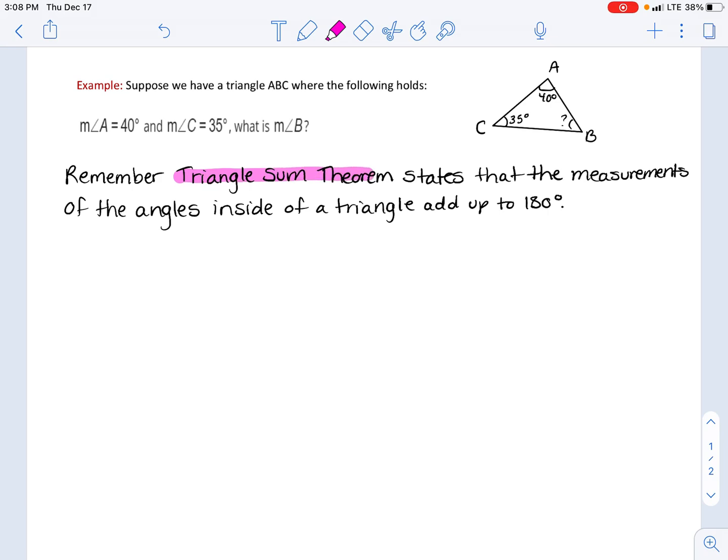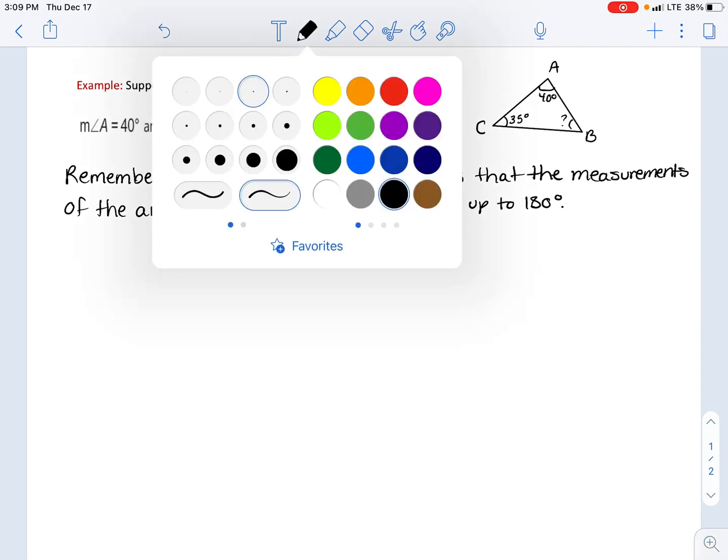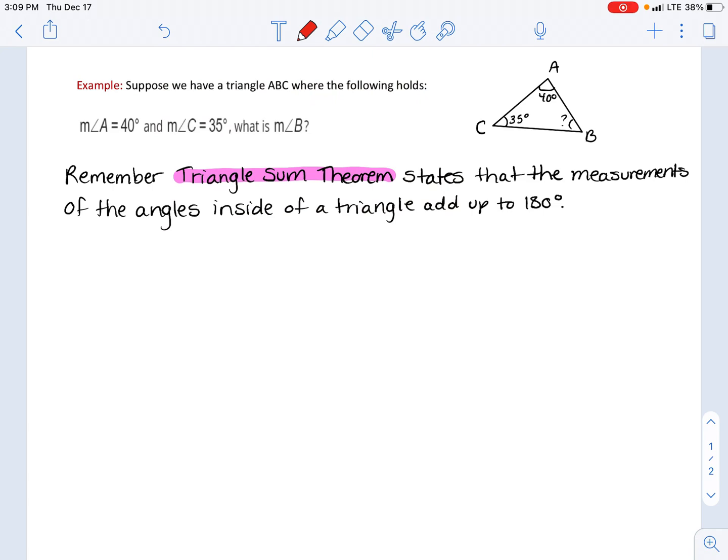Right, and so this is my triangle sum theorem. That's what it tells me. It says that if I add up the measurements of the angles inside of the triangle, I will get 180 degrees, right? So I'm going to set up an equation then. That's my next step here. I'm going to set up an equation where the measurements of these angles added up together give me 180 degrees.